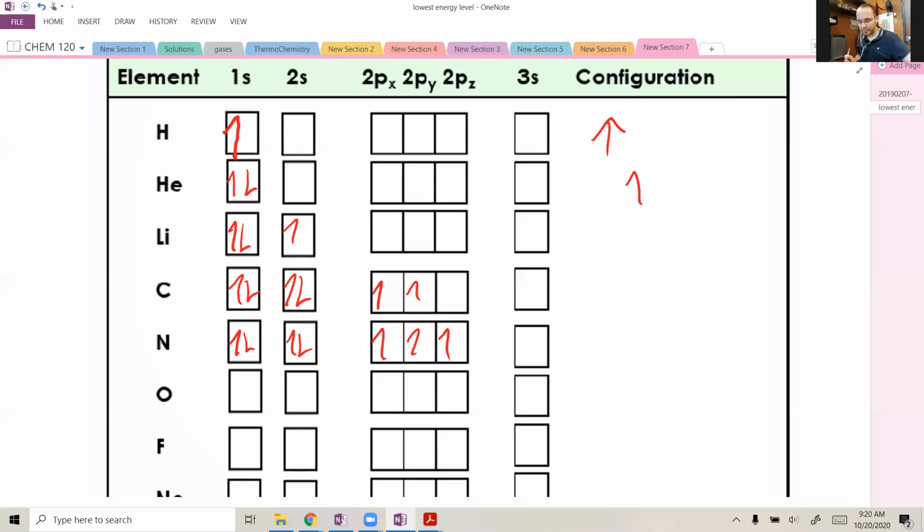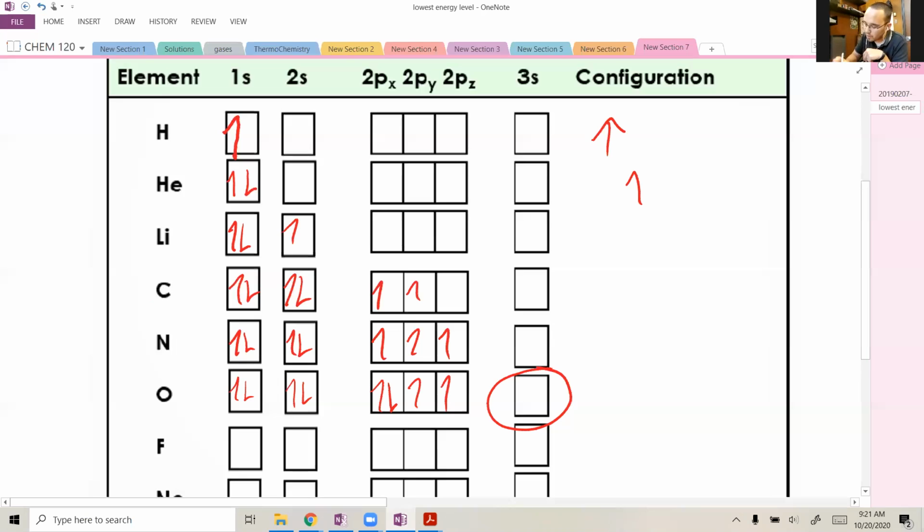8. So when we get to oxygen, what do we need to do to fit that last electron in? 2px down. Right, we need to partner it up with one of them. So we're not going to expand out into this 3s yet.